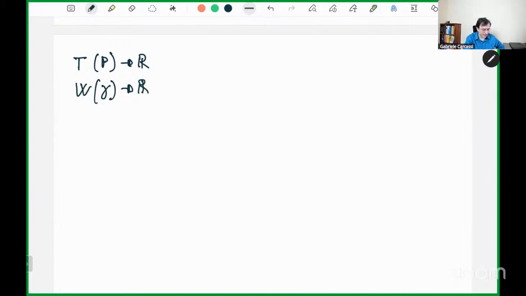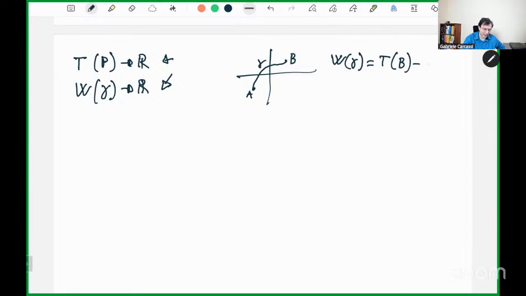Now, given this, I can always create another one of these, because suppose that I have my space, a line gamma, and a function t of the point. I can call this A and this B. I can always define W of gamma as the difference between the value at point B minus the value at point A.